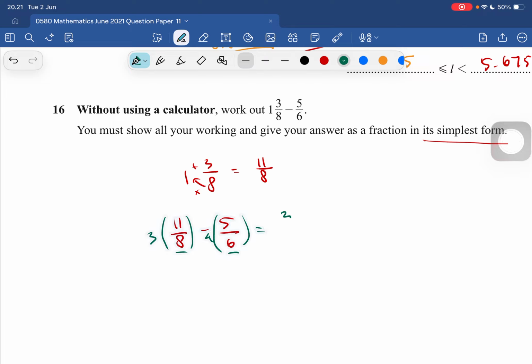So it is going to be 33/24, minus 4 times 5 which is 20 over 24. Okay, the denominators are equal, so here is 24. We have 33 minus 20, which is equal to 13. Here is the simplest form; we cannot simplify it.